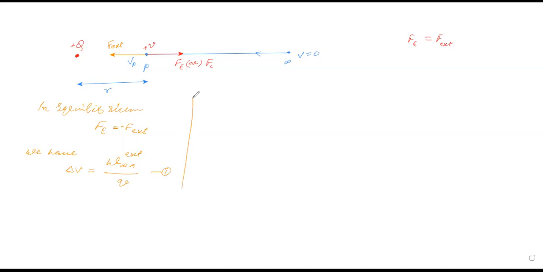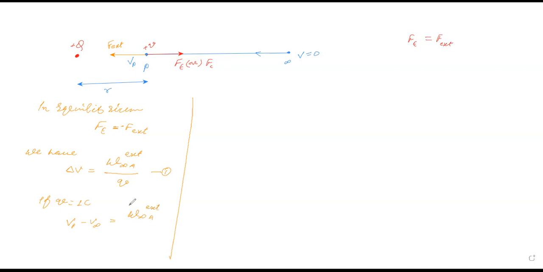Now what will happen if your charge is 1 coulomb? When you put this 1 coulomb charge, you can write delta V as V at P minus V at infinity is equal to W from infinity to A externally.